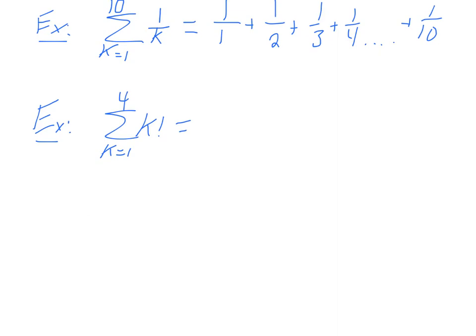And the other one is just going to be 1 factorial plus 2 factorial plus 3 factorial plus 4 factorial. That would be the expanded form of that. And of course, we could sum all these up and get an actual value. Same thing with these right here, but we're not going to, because it turns out we're going to try and find some easier ways to do that, that involve just using formulas instead of having to actually add everything up all the way out to n.